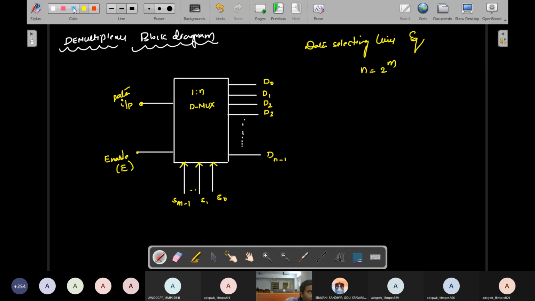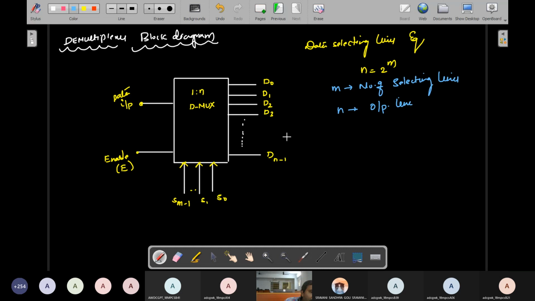The data selecting lines equation is very important. This is the actual formula, n equals 2 power m, where m is the number of selecting lines and n is the number of output lines.